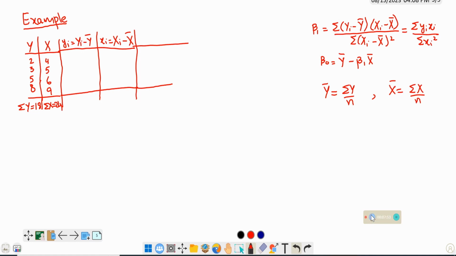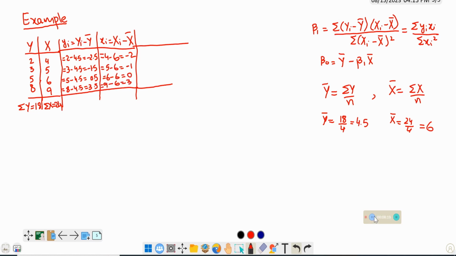For example, in our case, the mean value of y is 4.5 and the mean value of x is 6. To find small y, subtract 4.5 from each of the y observations. Similarly, we will subtract 6, which is the mean value of x, from each of the x observations, and we get the following values.